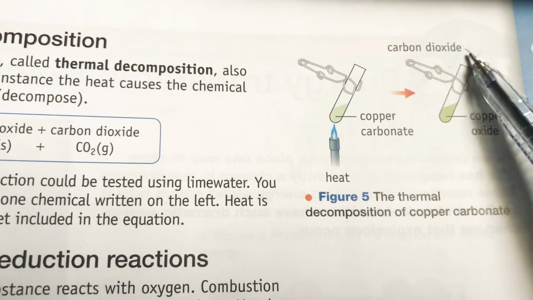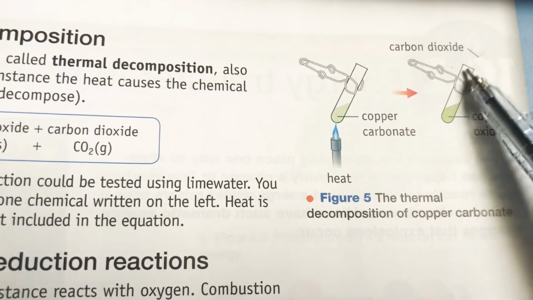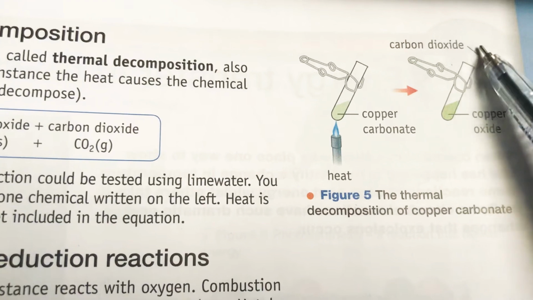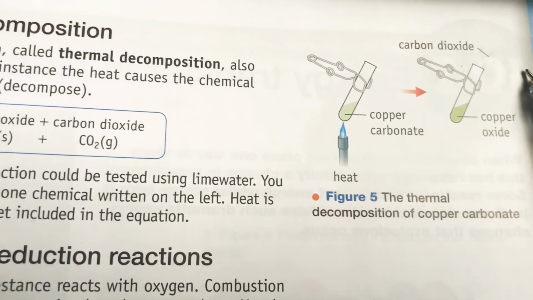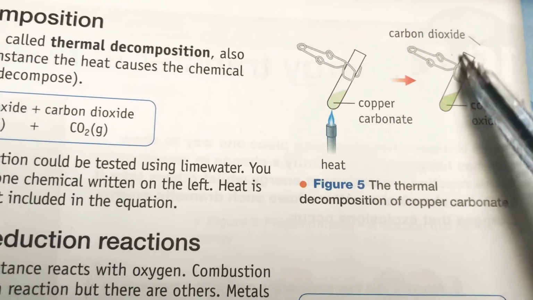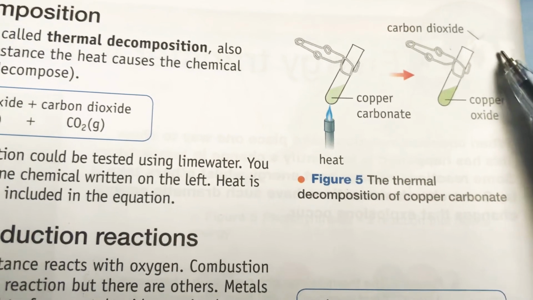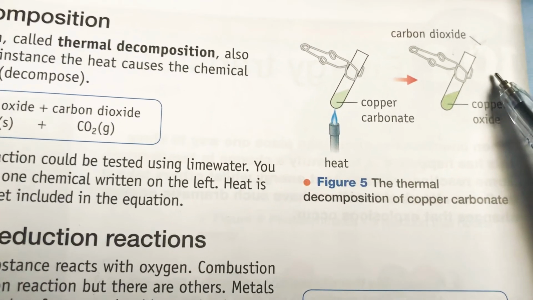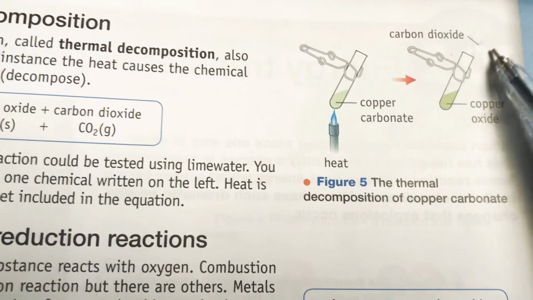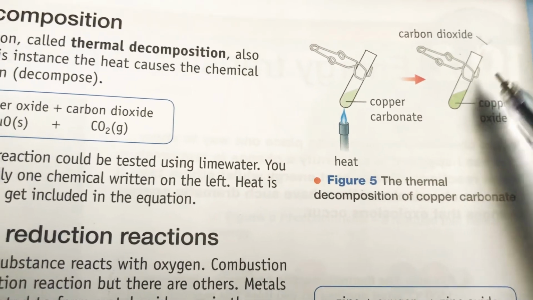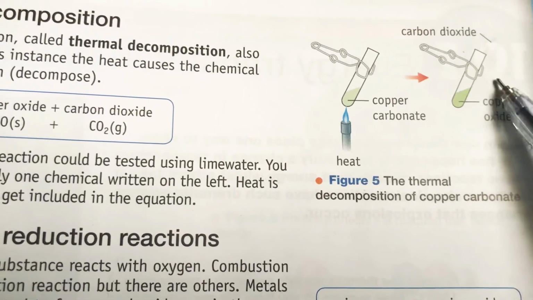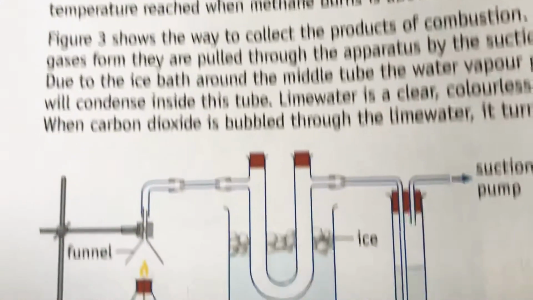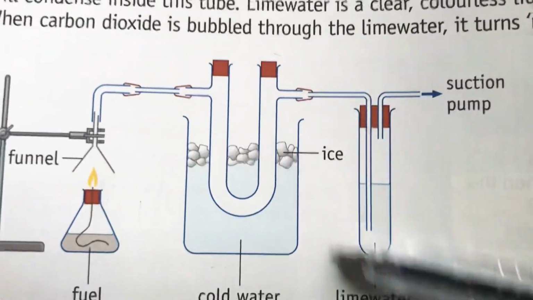You could have a bung with a glass delivery tube connected, and that delivery tube would be connected through an L-shaped delivery tube into an empty test tube, but you need to have that test tube filled with colourless lime water. If you do that, then you'll get exactly the same result as you have here.